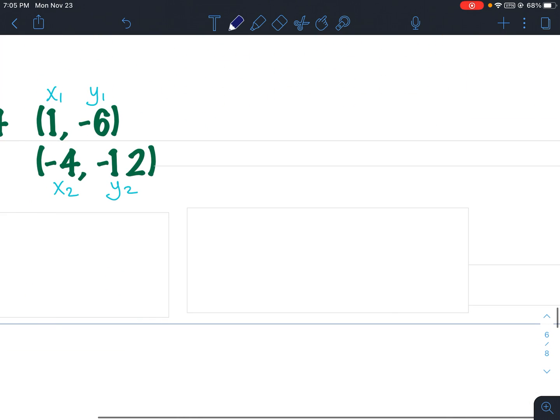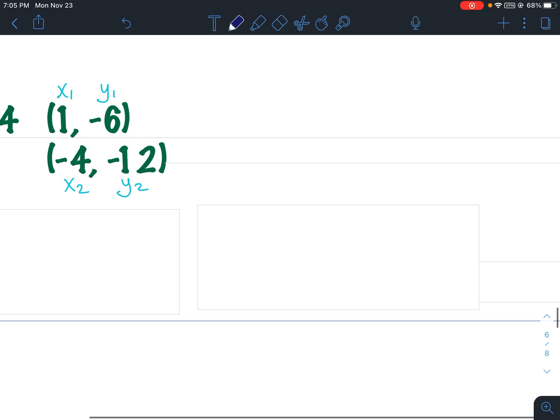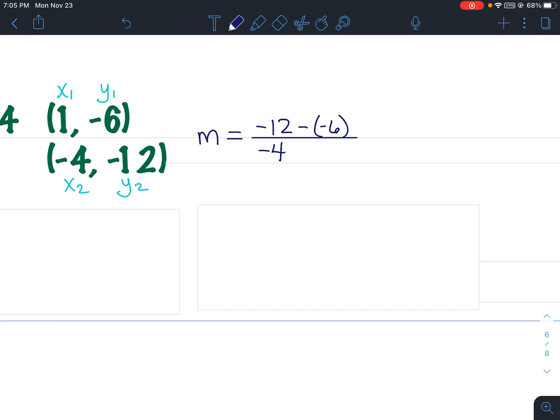Let's do another one like that. Example 4, 1, -6 is my x1, y1, -4, -12 is my x2, y2. So my slope equals y2, which is -12, minus y1, which is -6. x2 is -4, minus x1, which is 1.